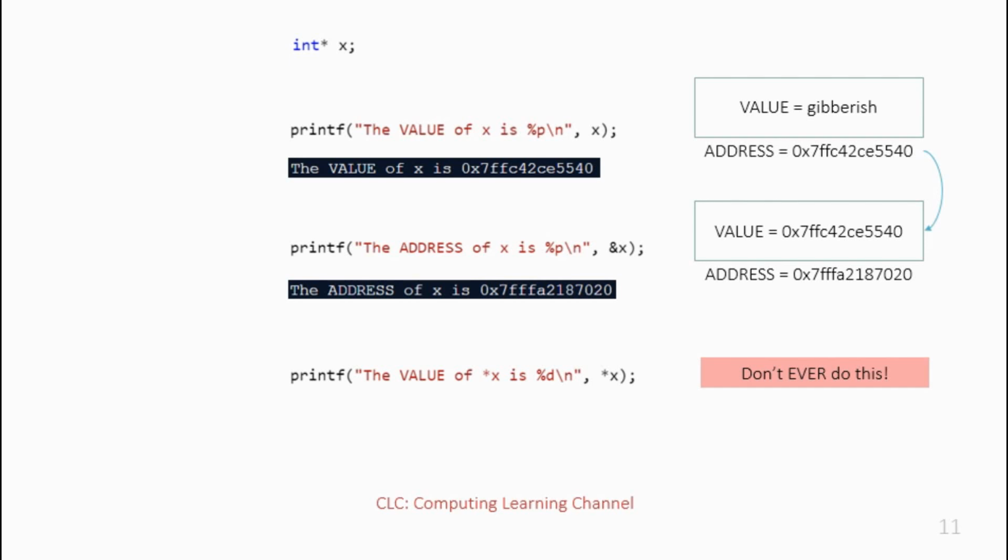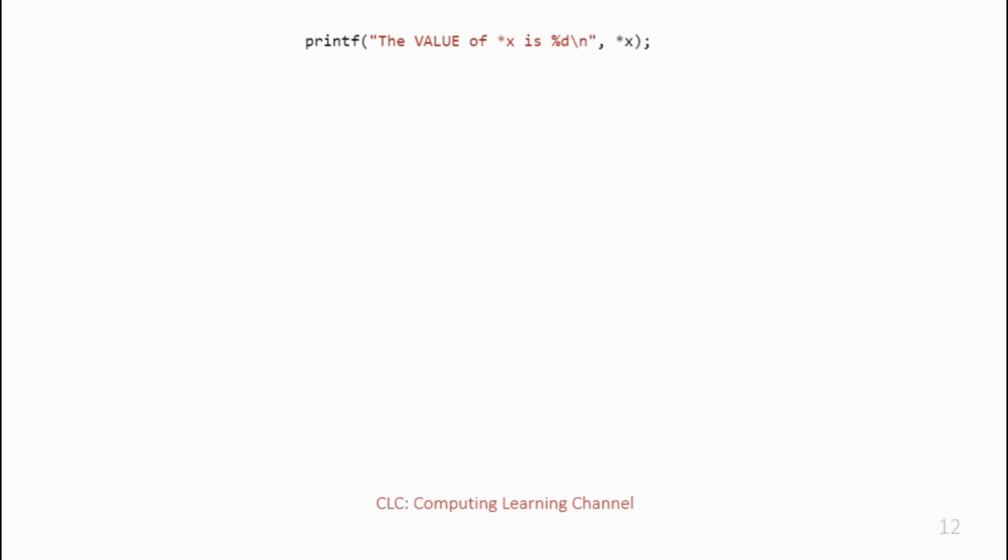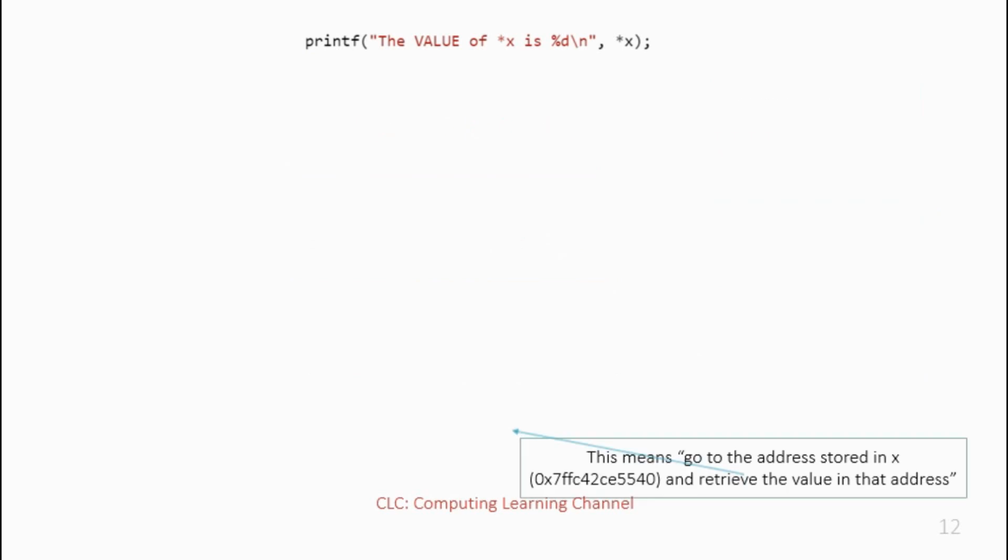In this case, since we have not yet stored any meaningful data in that space, it contains gibberish. If you try to read that value, your program will likely behave strangely. What is worse, though, is that the compiler doesn't detect this error, so if something goes wrong, you'll potentially need to spend hours to pinpoint the cause of the problem. Again, dereferencing is like backtracking. Value to address, value to address, value to address.